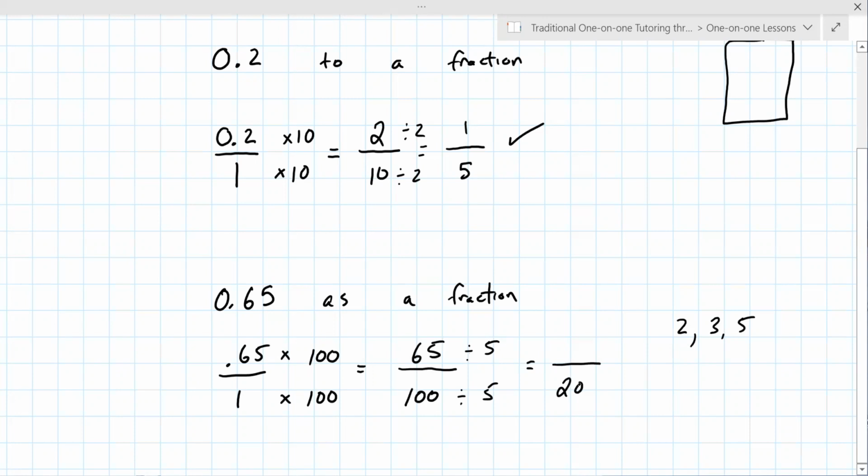What is 65 divided by 5? It is 12, right? 12 times 5 is 60. Oh, 13. 13 times 5 is 65. So it's 13 over 20. And this is your final answer here. Okay, so let me have you try one on your own here.